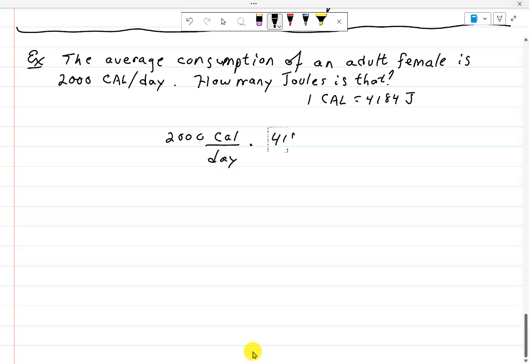So I'll put the joules on the top and the calorie in the denominator. Cancel the calories, and this is just a multiplication problem. So I can do it in my head. 8368, and then I'll put 3 zeros at the end of it, and that is joules per day.